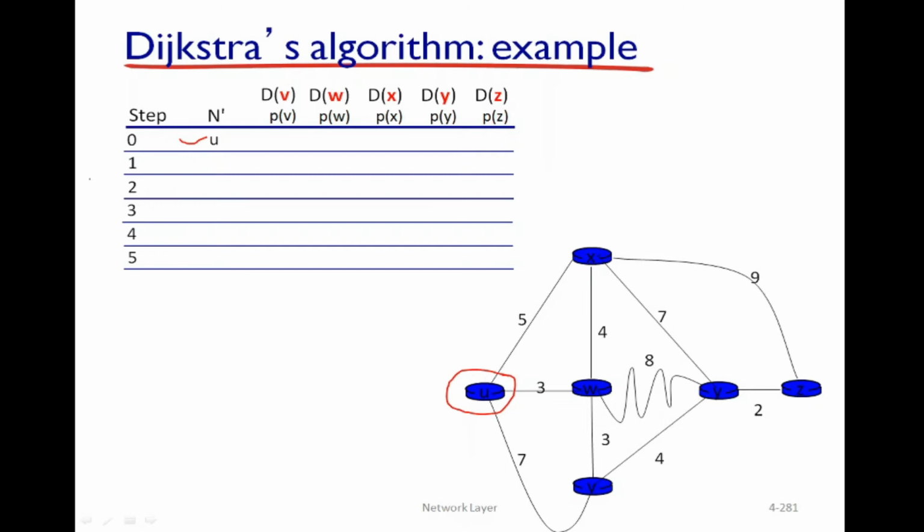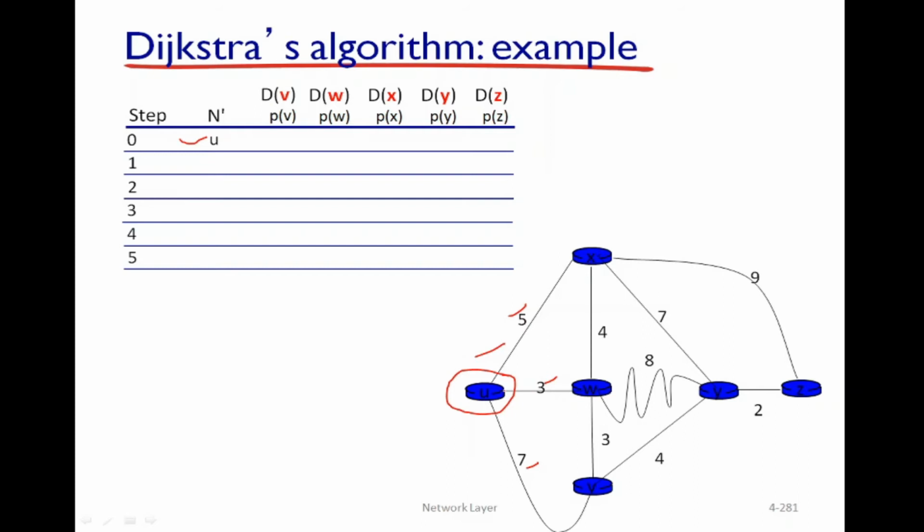In the first step, we consider the neighbor nodes. The neighbor nodes of u are v, w, x, and the cost between u and x is 5, u and w is 3, and u and v is 7. These are the direct links, that means these are the adjacent nodes for node u.